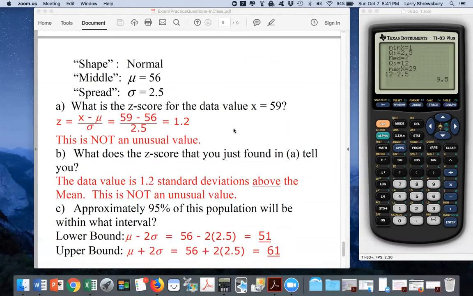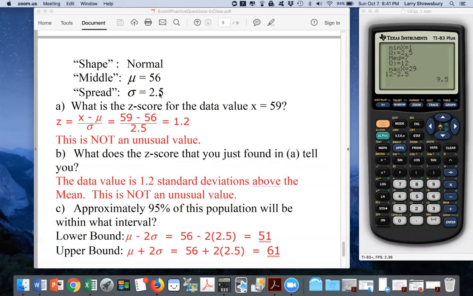So you interpret that, your data value is 1.2 standard deviations above the mean, and this is not unusual. So did you see how I gave the three things? I told you whether it's above or below the mean, how far away it is, and whether it's unusual or not. So you be sure and do the same.